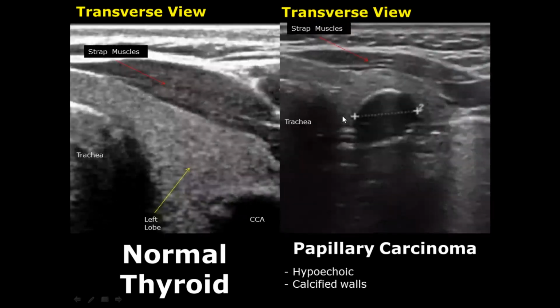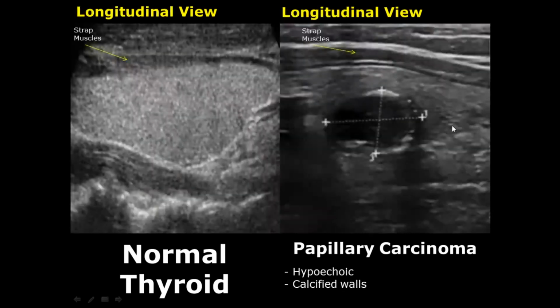In this image, you can see a hypoechoic structure with calcified walls with some posterior acoustic shadowing. This can also be an appearance of papillary cancer. Here is another image of papillary carcinoma, a hypoechoic lesion with calcified hyperechoic walls.